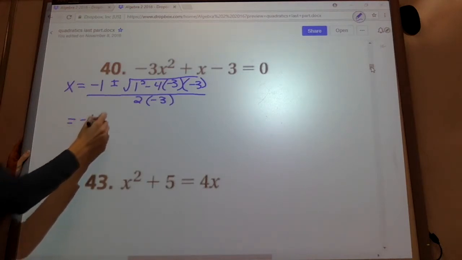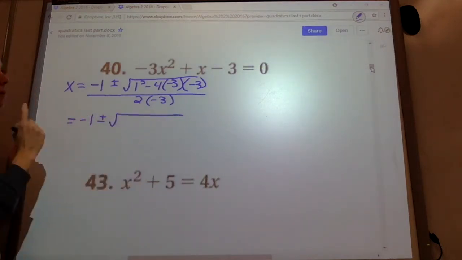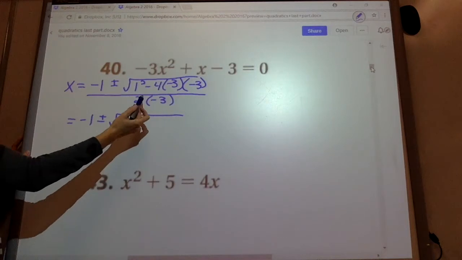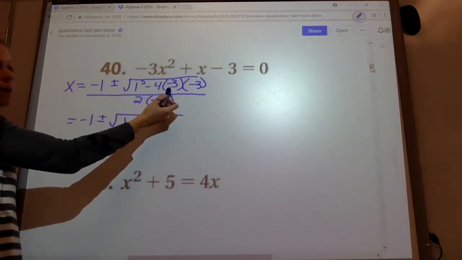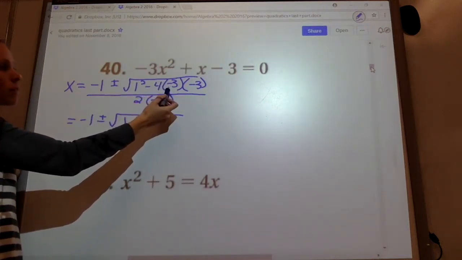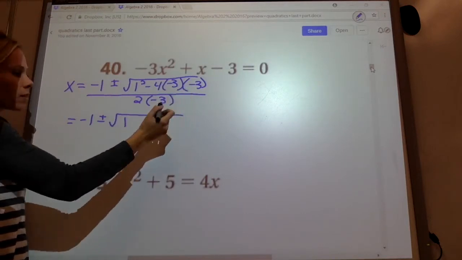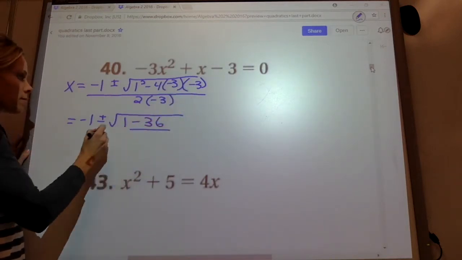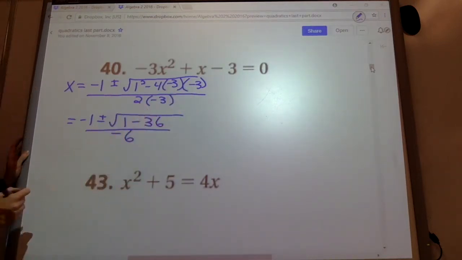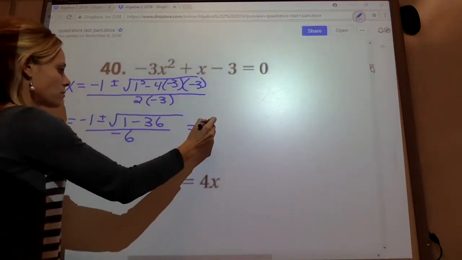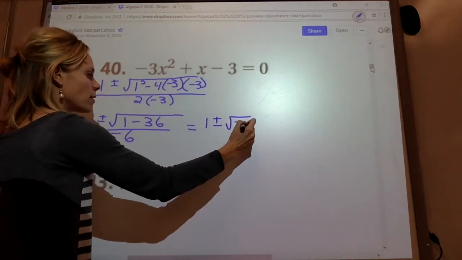So what's that? Negative 1 plus or minus, we have order of operations. So 1 squared is 1. Negative 4 times negative 3 is 12. 12 times negative 3 would be negative 36, over negative 6. Then subtract, that's your last step. So negative 35.